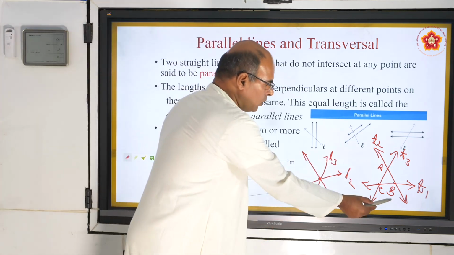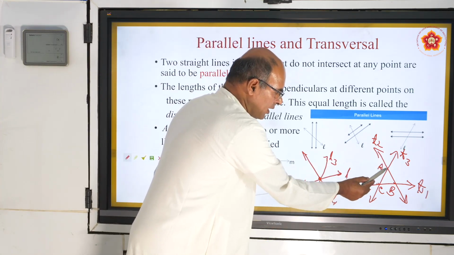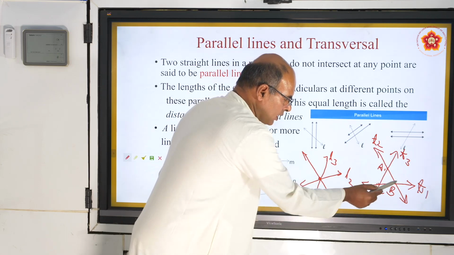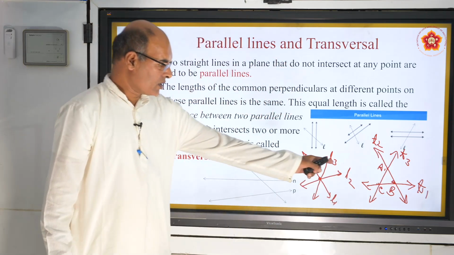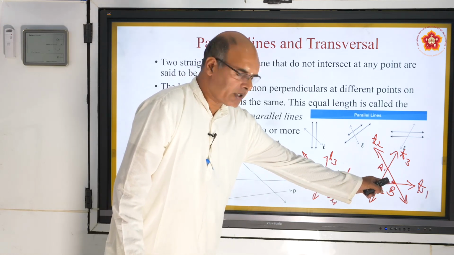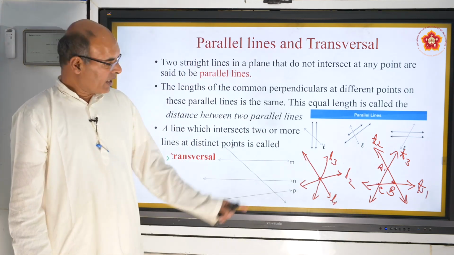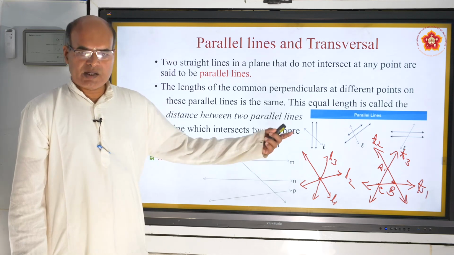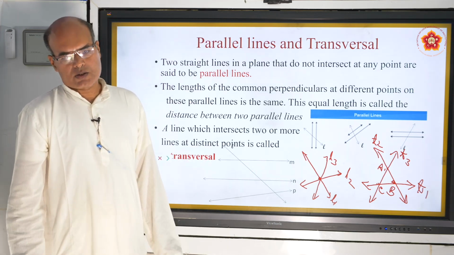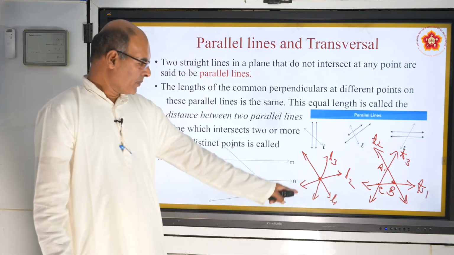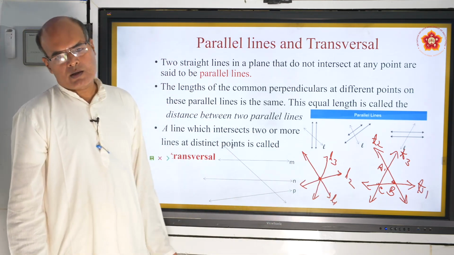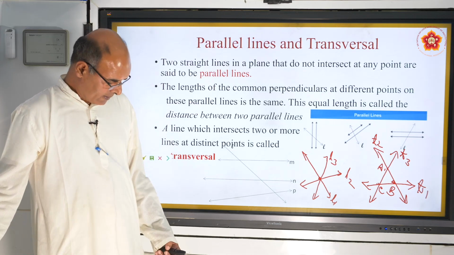The line T2 cuts T3 at point A, and it cuts T1 at point B. So line T2 cuts two different lines at different points. Therefore, it is a transversal. Similarly, T3 is also a transversal. So in this figure, all three lines are transversals. In the earlier figure, none of them are transversals.